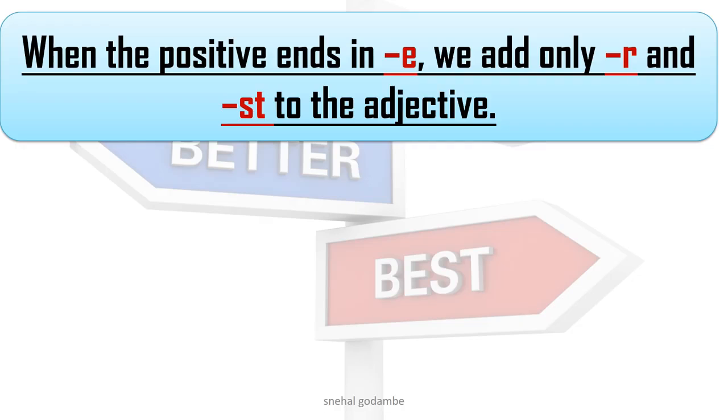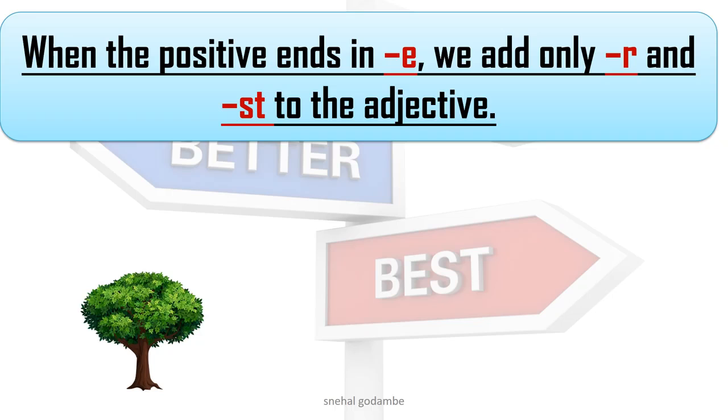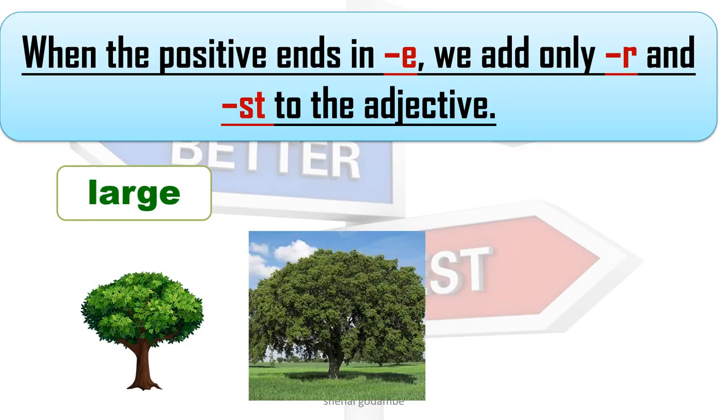But if it ends in E, then there is no need of adding one more E. You can add only R and ST to the adjective. For example, see the tree, large. At the end of that word, it is E. Now let's see how we show the comparative degree.